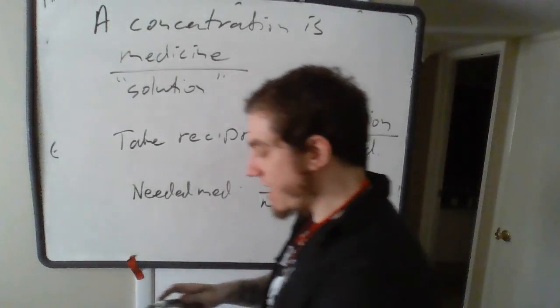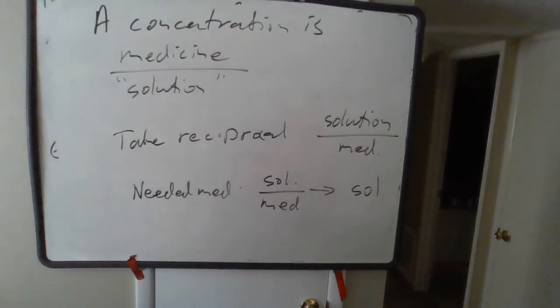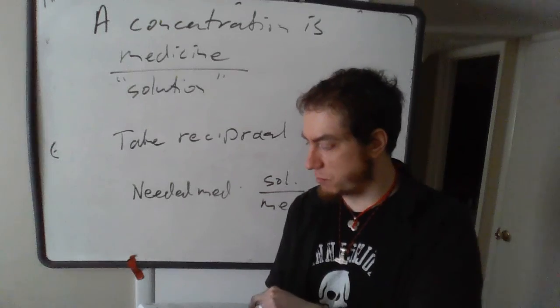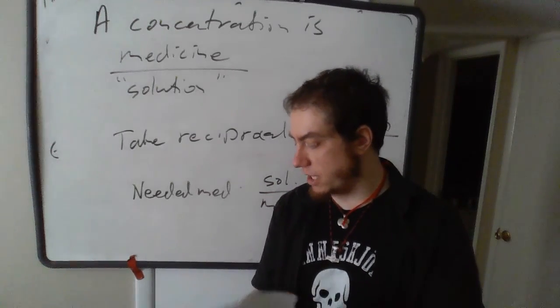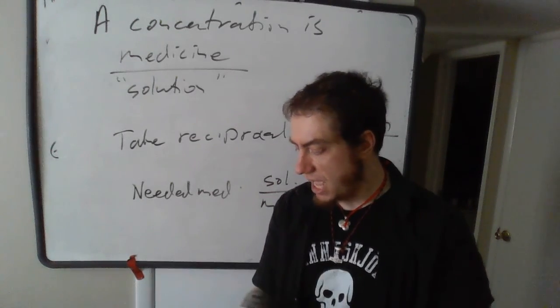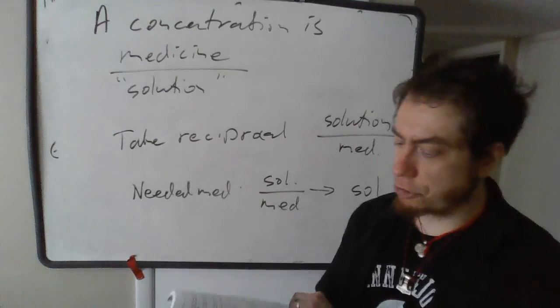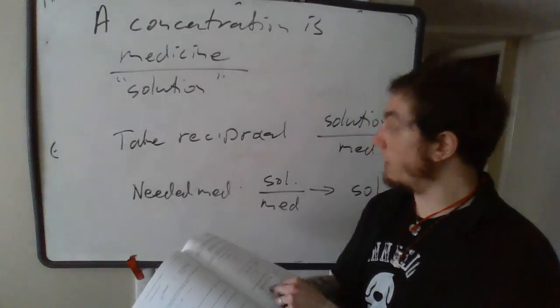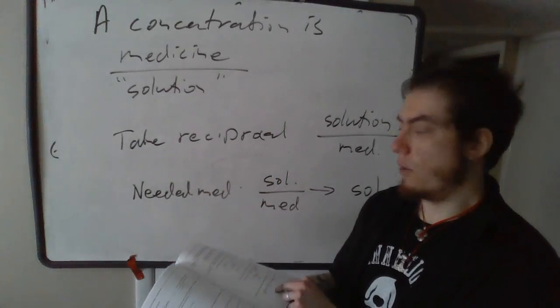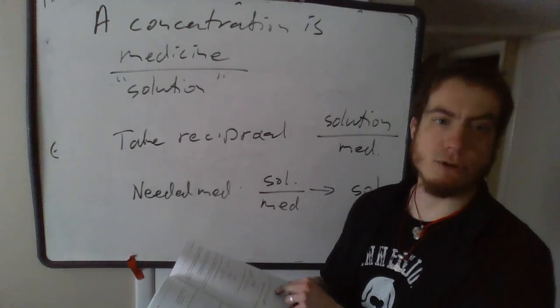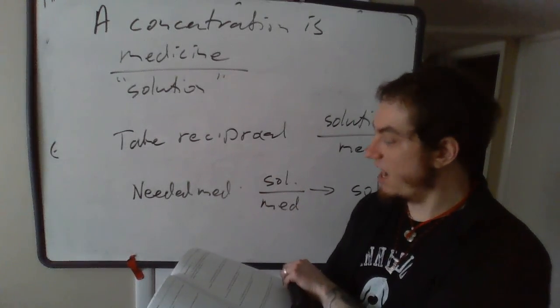So what I would like for you guys to do is to take a look at chapter 10 of your textbooks. This is on dosage and concentration applications. And make sure to go through all of these examples. Now, they actually also show you some little tricks that you can use to follow along with this. For example, they use tricks where they keep track of things using these little box tables.